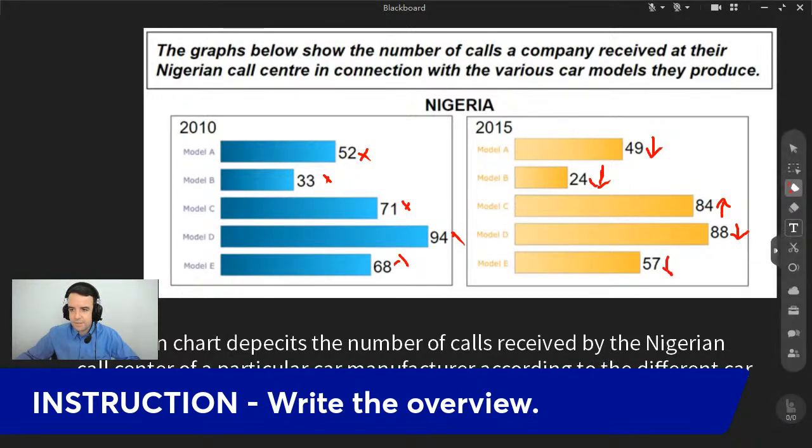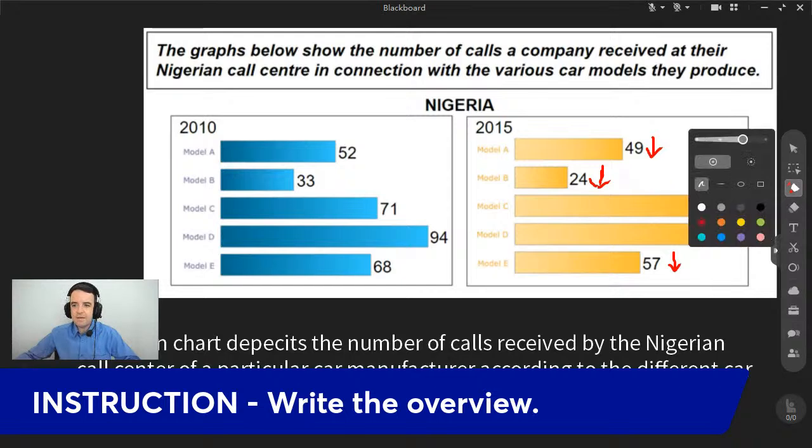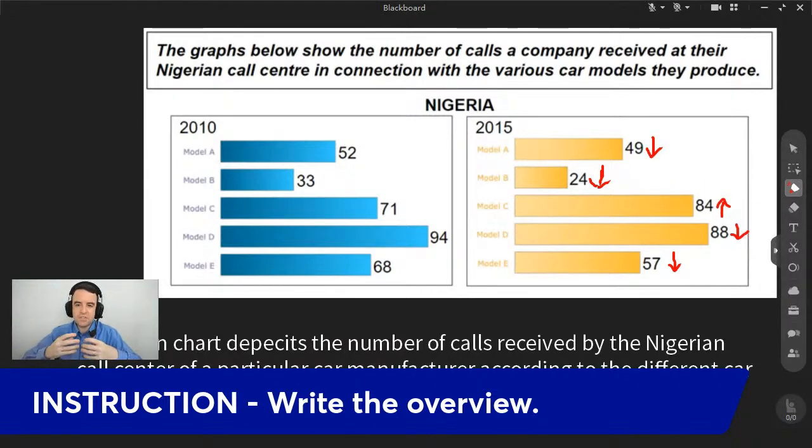Okay, so essentially, they all decreased except model C. That's the main part, but what you have to be careful with is that you don't want a very brief or skimpy overview.